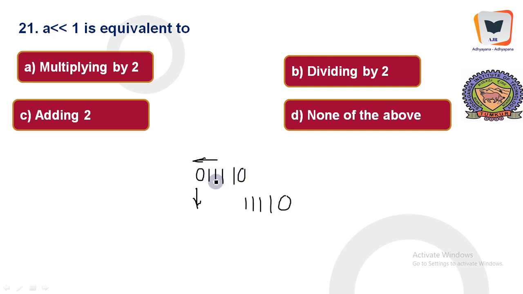The earlier value was 15. When we make one left shift, it becomes 2 plus 4, that is 6, plus 8 is 14, plus 16 is 30. Therefore 15 is multiplied by 2.